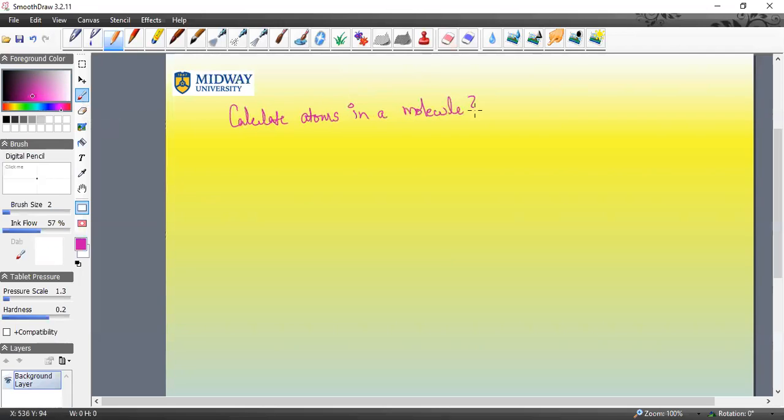Then you start with grams, and then you go to molar mass, and then instead of writing 1 mole as so many atoms, you write 1 mole is actually 6.022 e to the 23 molecules.